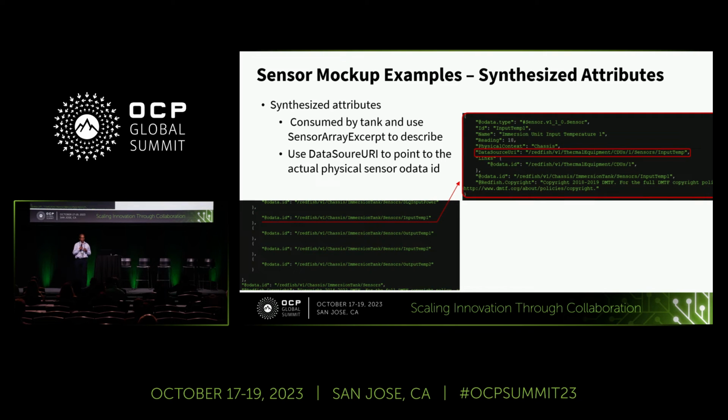Second, Redfish has another concept called sensor excerpts, right? You can have the sensor in one place and then the excerpt of the sensor sitting in another place. So we use that mechanism to solve this problem: the PLC is going to surface the sensor, but I need to tell you that the tank has a sensor. So we use the excerpt mechanism to show the tank's value for the temperature right now.